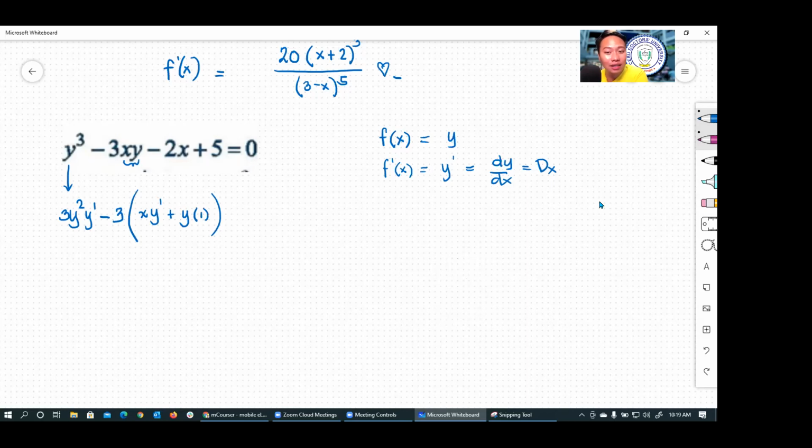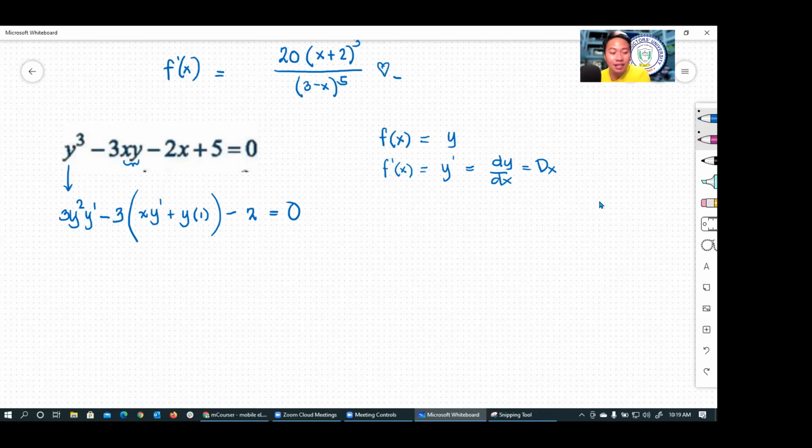Are you familiar with the product rule? Minus, what's the derivative of 2x? It's just 2. The derivative of 5 is 0, equals the derivative of 0, which is just 0, because it is a constant.